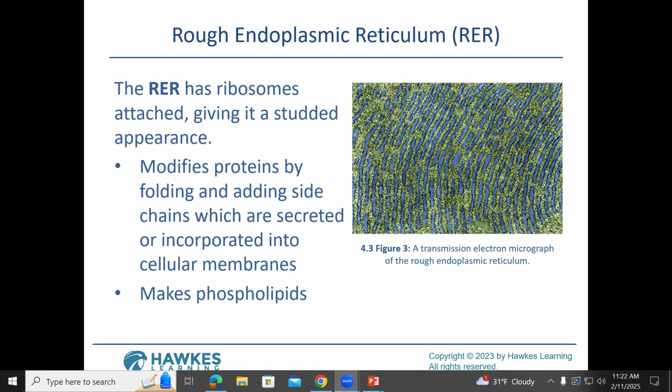Your endomembrane system is all about your ribosomes, the vesicles, the lysosomes, and the Golgi body, and the plasma membrane, and the nuclear envelope. Everything that has a rounded vesicular shape that allows for transport, exocytosis, and endocytosis. It modifies proteins by folding and adding side chains, which are secreted or incorporated into cellular membranes, and it makes phospholipids.